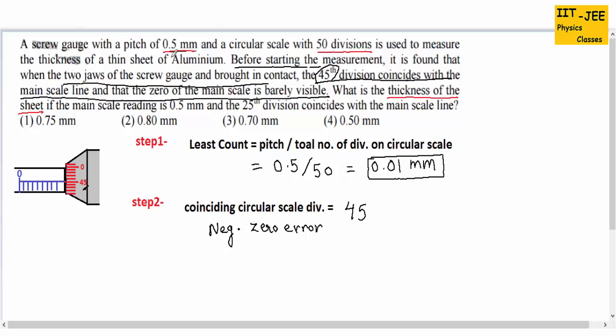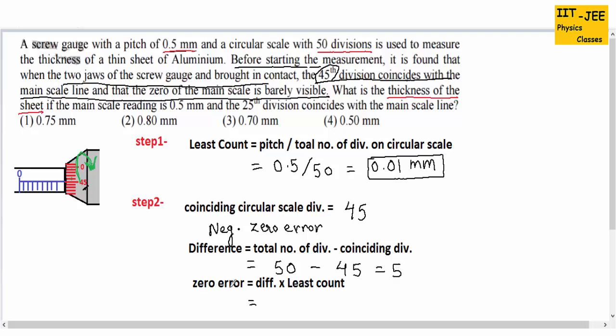So in this case, first of all we need to find the difference. Here is the formula for the difference: total number of divisions minus coinciding divisions. Total number of divisions is 50 minus coinciding division 45, that will give us 5. So the formula of zero error would be difference times least count.